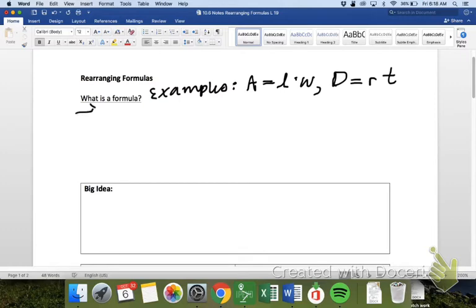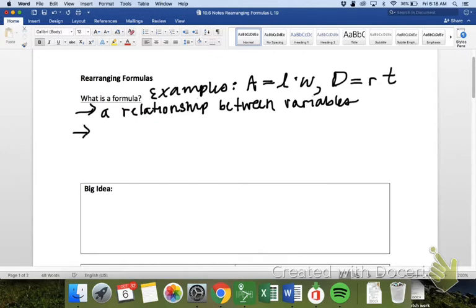So what is a formula? First of all, it is a relationship between variables. But we also think about formulas when we're using them in applications of math and science.